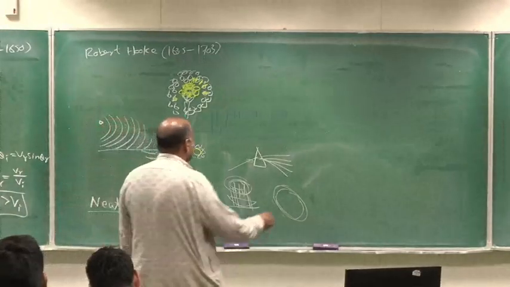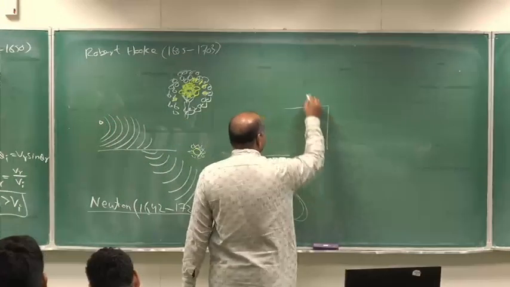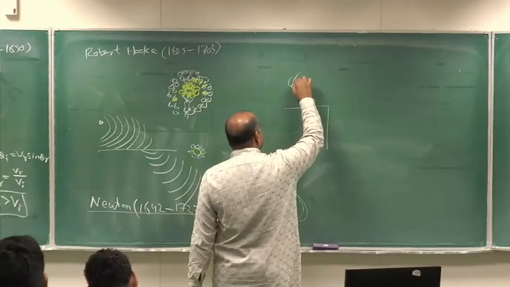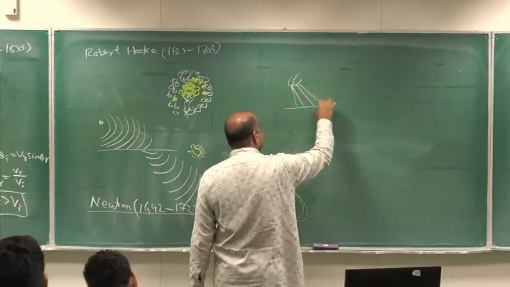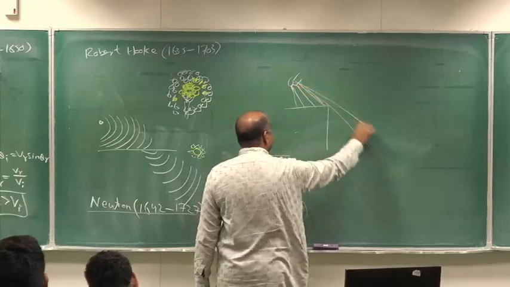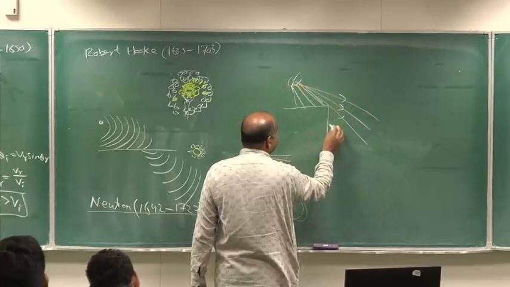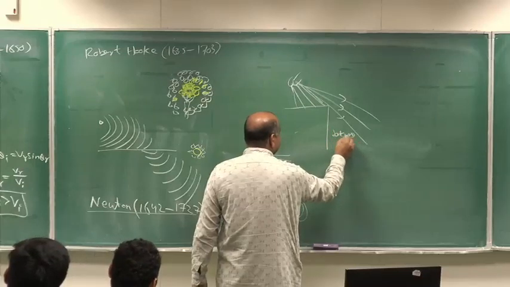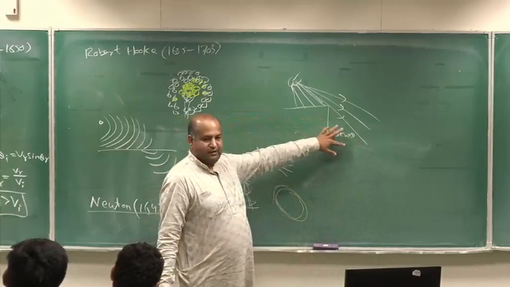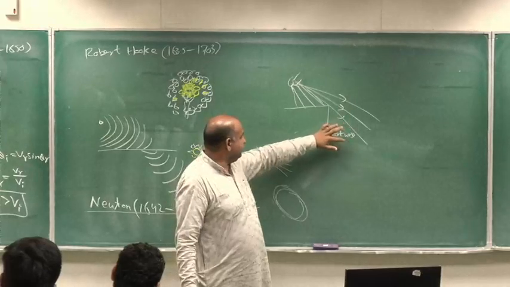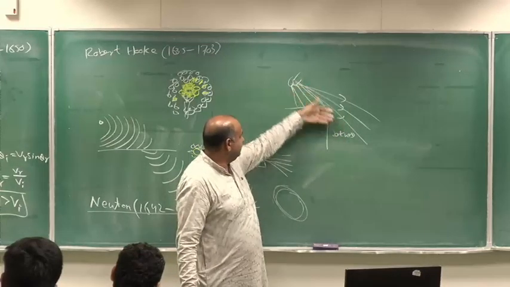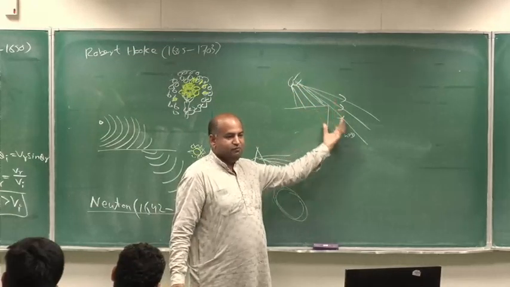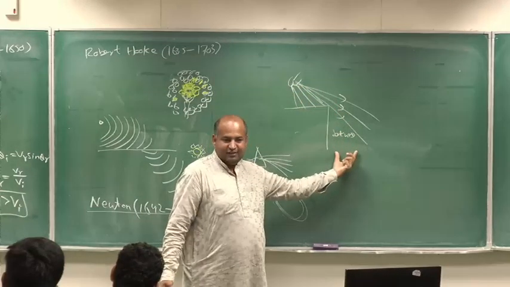One of the objections, which was actually very common: if you have a light source here, it illuminates this part, but then there's darkness here. It was a very common objection to the wave theory: why don't we see light here? If it is a wave, we should be able to see light here.